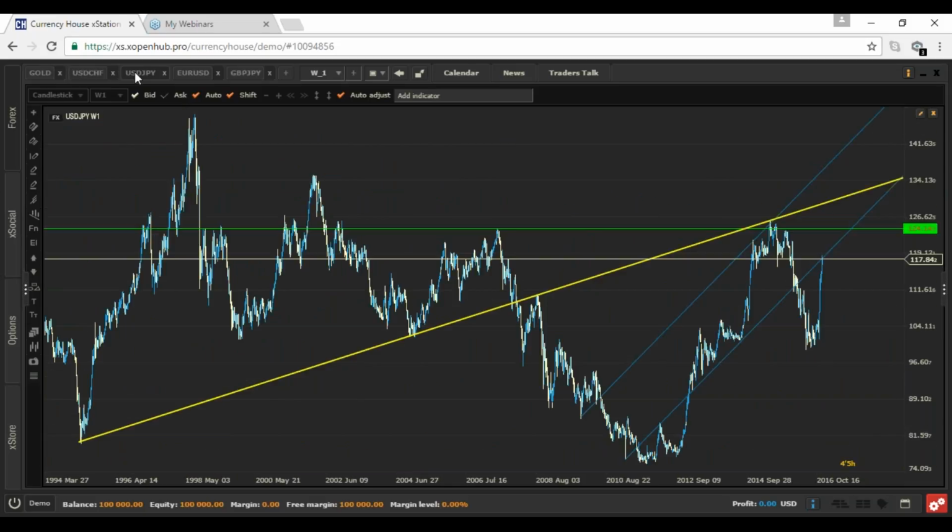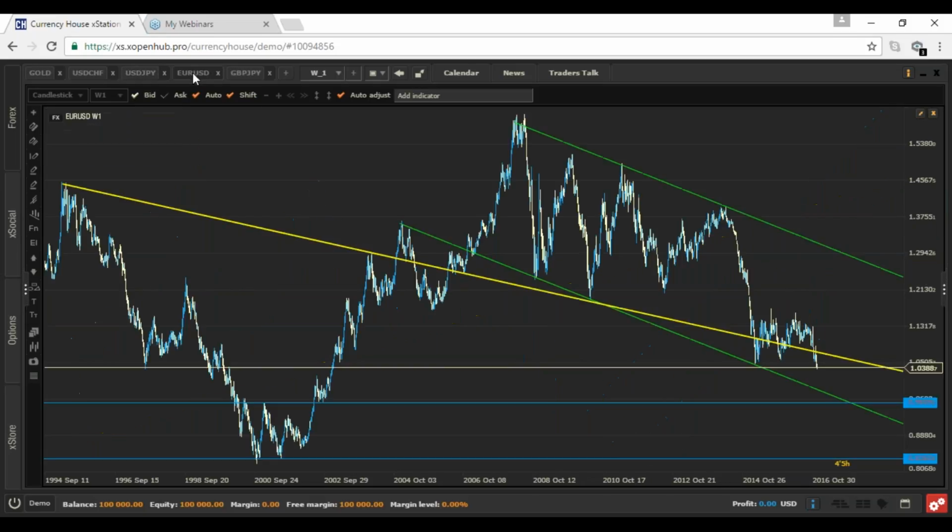We can see a huge and very fast trend in the US dollar compared to the Japanese yen, which showed us weakness, especially in the last weeks. And we can see a downside trend of the euro, which is the most traded pair and has the maximum volume of trades.